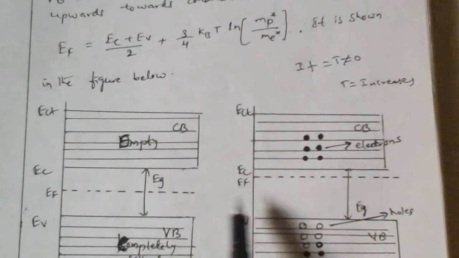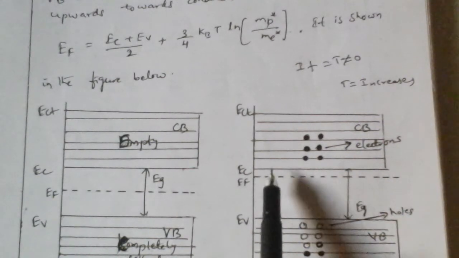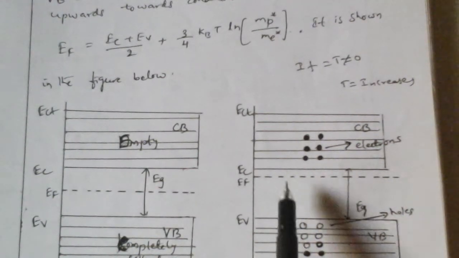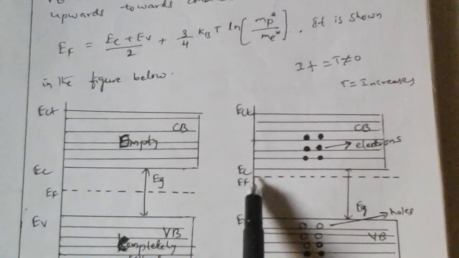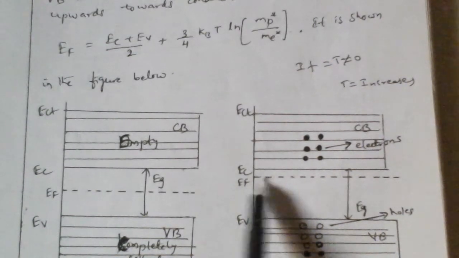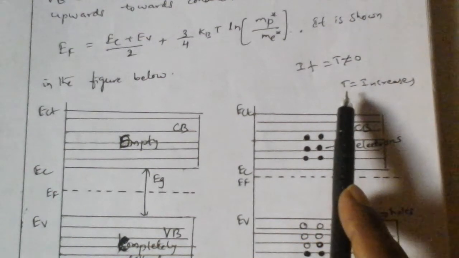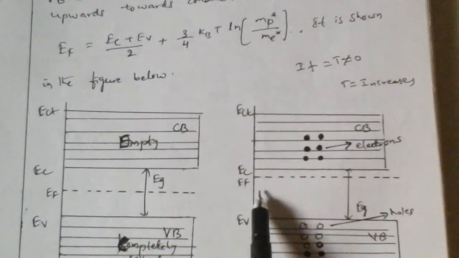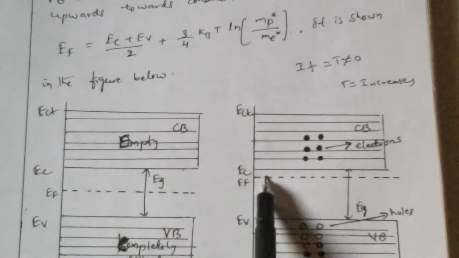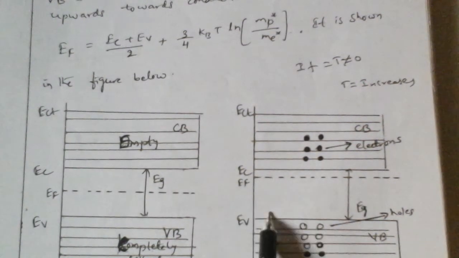The Fermi energy level moves in the upward direction, towards the conduction band. See, the Fermi energy level rises from the middle to near the conduction band. If you compare from this figure to this figure, when T is not equal to 0 and T increases, the Fermi energy level moves from the middle to the top. This is the explanation of the Fermi energy level motion in between the conduction band and valency band.